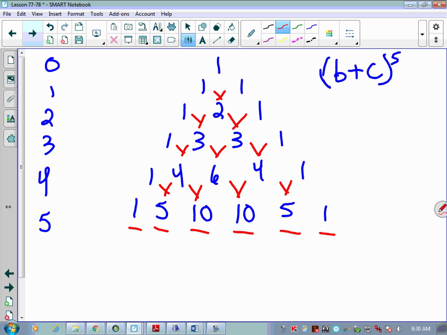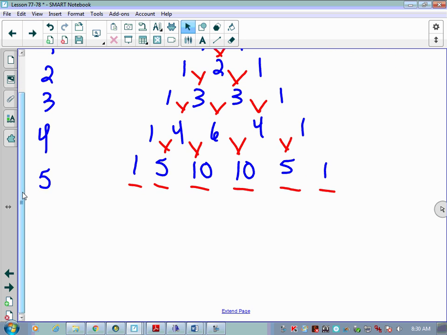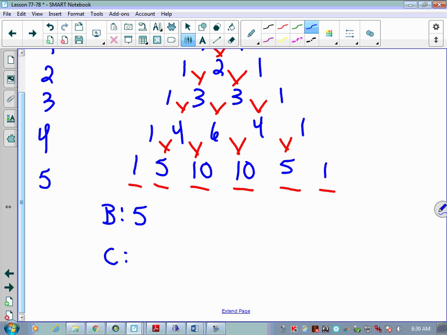So as I drag this down, I'm going to show you a quicker way to do a simple question like this. All right. As we look at b, b is first, c is second. Okay, in terms of what we saw up there. So b is going to start off with 5 exponents, or it's going to be b to the 5th, whereas c is going to be 0, and this is going to go down through 4, 3, 2, 1, all the way to 0.